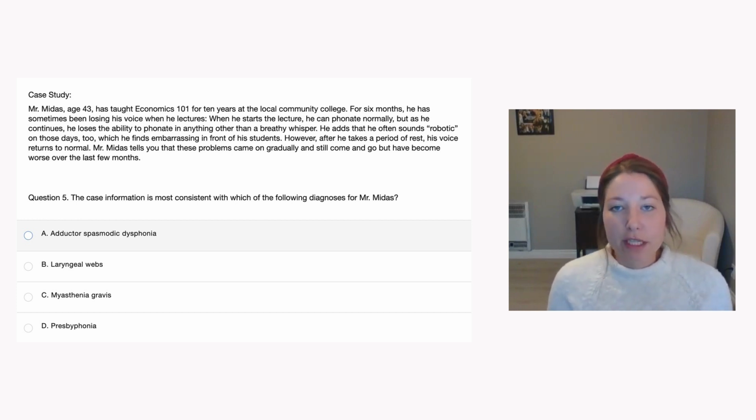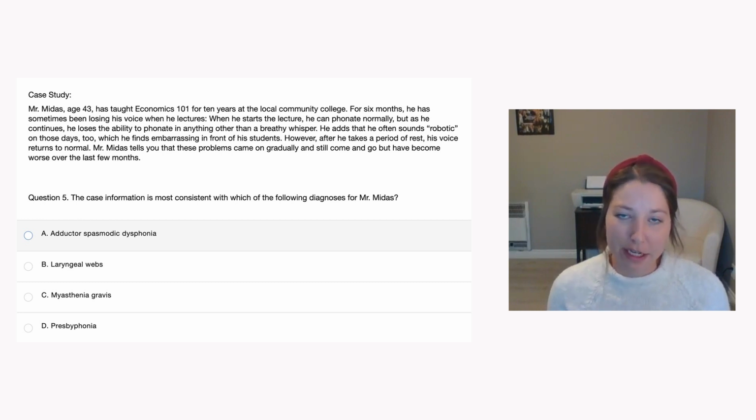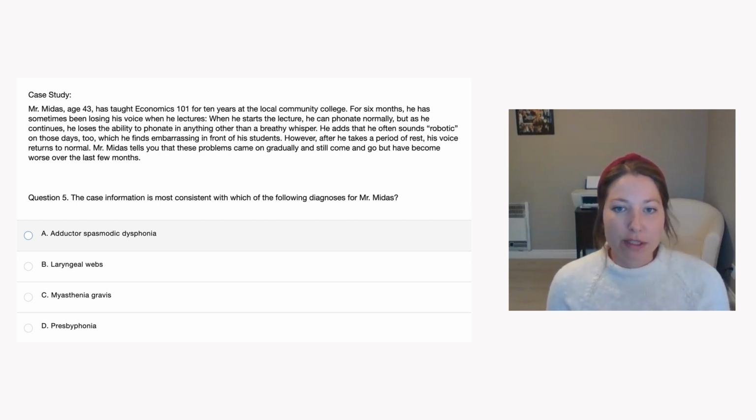So if you're familiar with these answer choices, myasthenia gravis will definitely jump out to you. But if not, we may need to compare and contrast some of the other incorrect options first before we get to C. So what we're going to be looking for is what is not consistent with the patient's complaints.